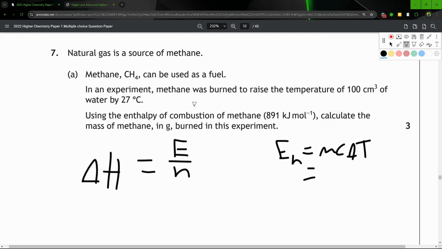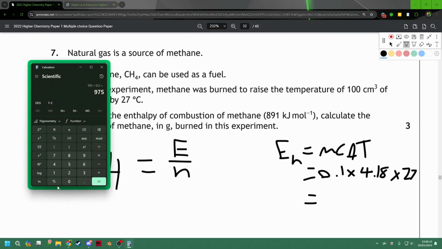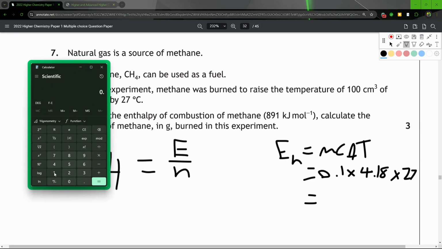The mass of 100 cubic centimeters of water is going to be 0.1 because we're doing it in liters, times 4.18. Yes, it'd be 100 grams, 100 cubic centimeters of water, so it'd be 0.1, and then the change in temperature is 27. This means that the energy produced will be 0.1 times 4.18 times 27, which will be 11.29.